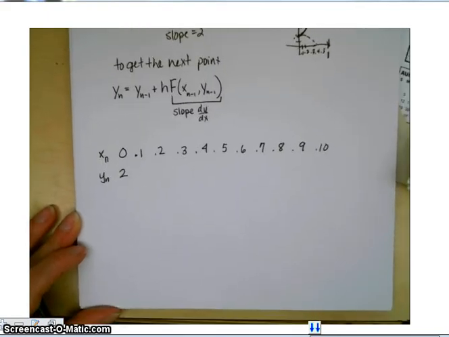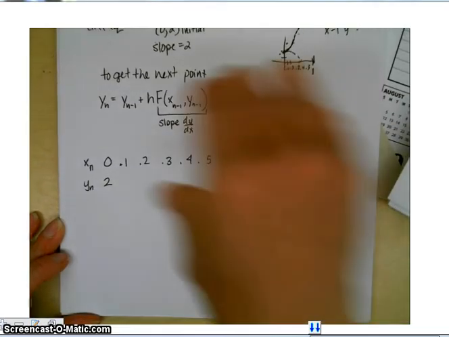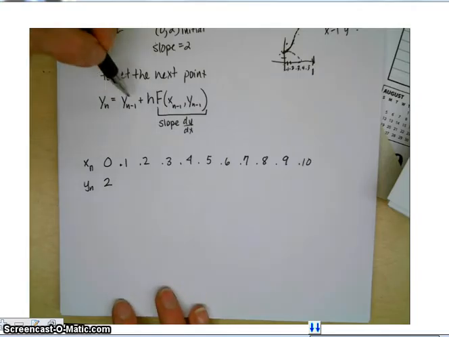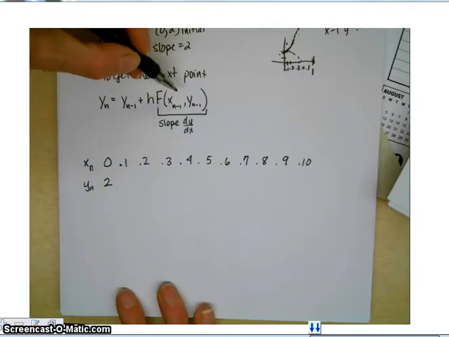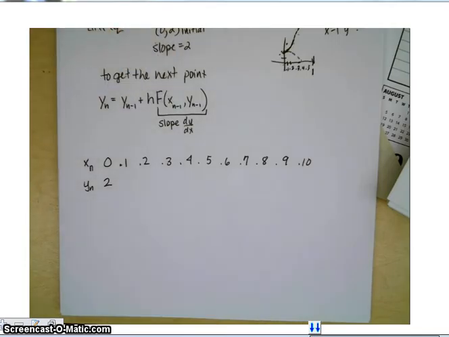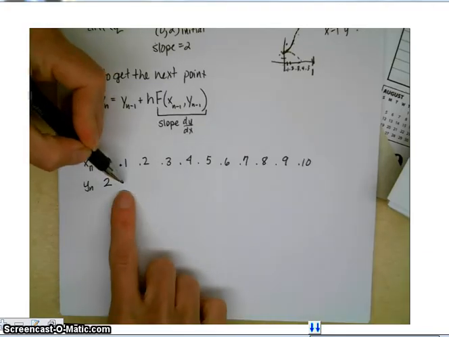Okay, so I'm going to move this up here. Hopefully you have your paper that you can see the equation and stuff on. So we're just going to, you have to basically recursively use this equation. Recursively meaning use the same thing over and over and over again. So now we need to find our next y value.